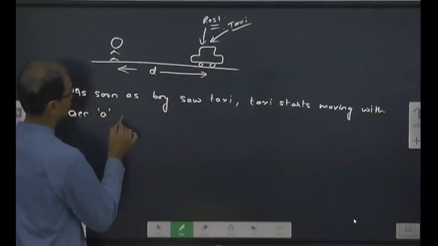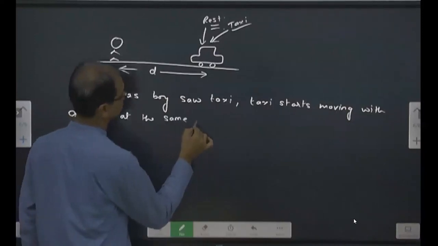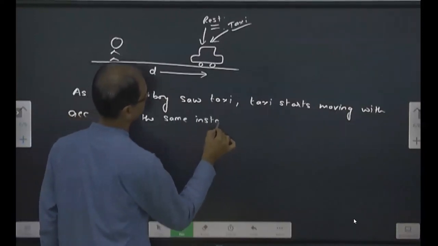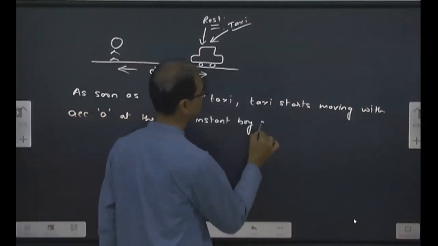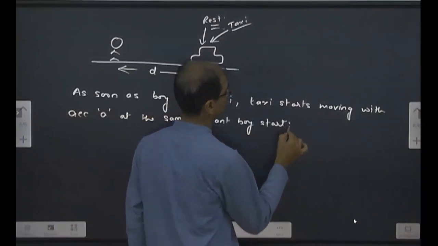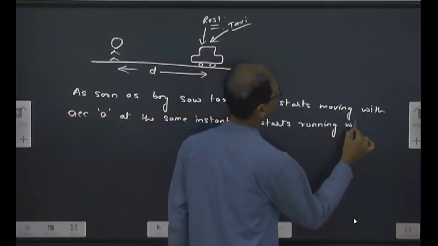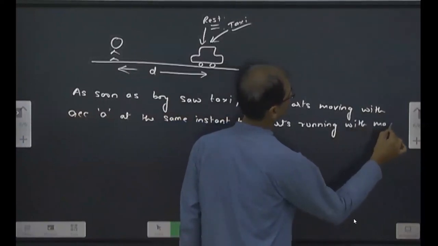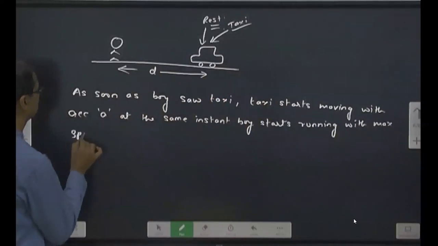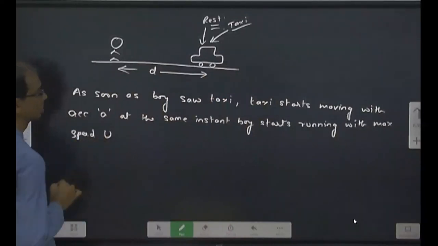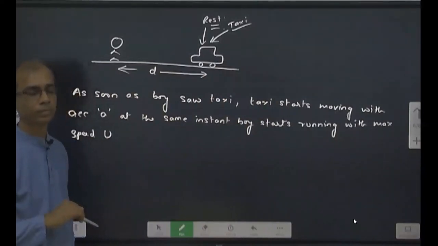At the same instant, the boy starts running with maximum speed u. With maximum speed u. Okay.